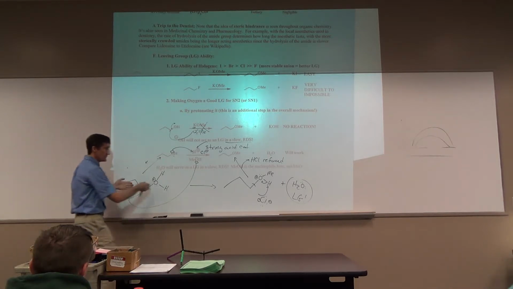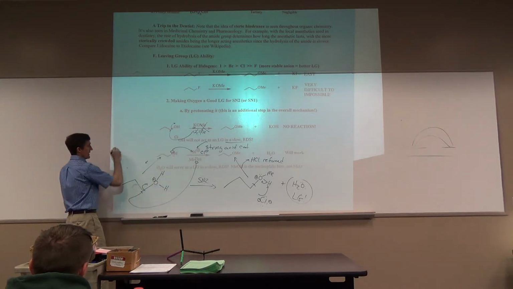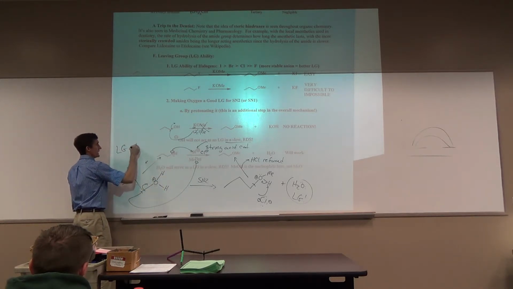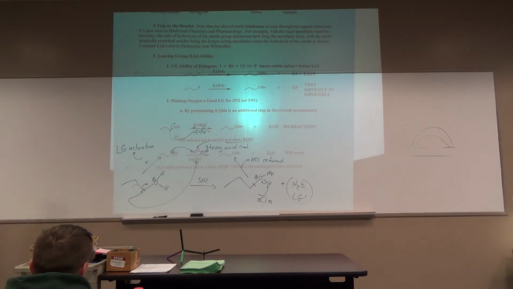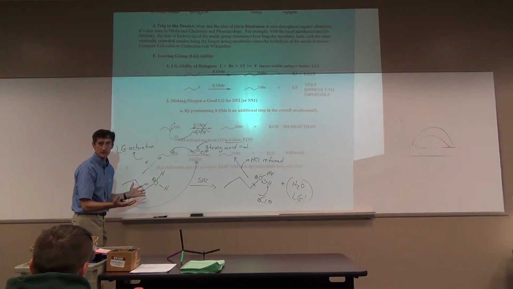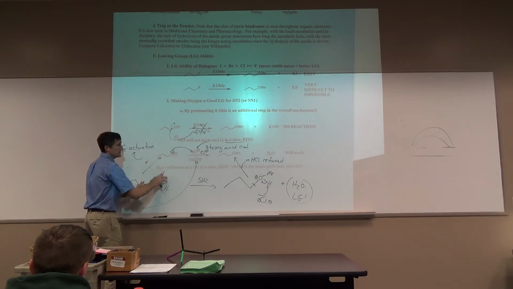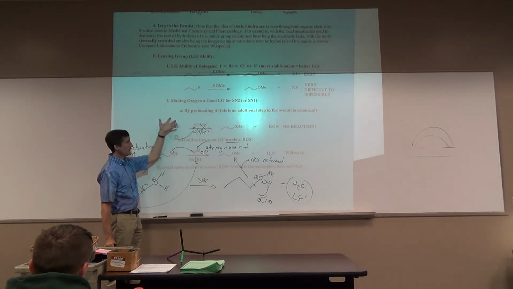The substitution part was just one step. What was the first step? LG activation, or protonation. So don't think that we did a two-step SN2. We had an activation step to make our leaving group good. How? By protonating it. No reaction up there, no acid.